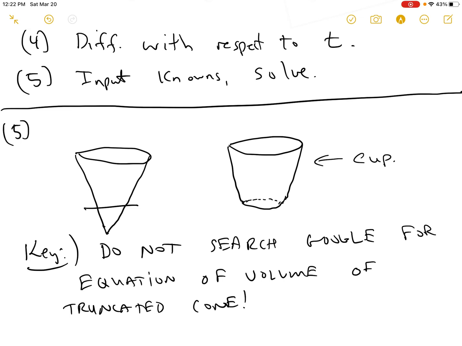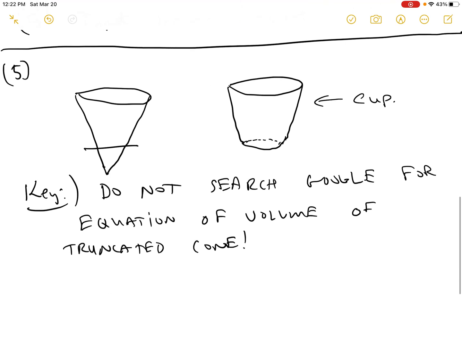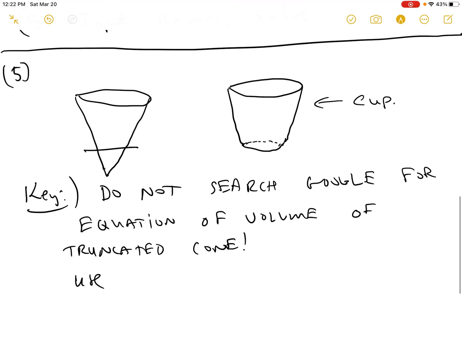It's not going to help you because it's got too many variables. What you want to use is the volume, which is what? 1/3 pi r squared h, and then be clever. Okay? Alright, and if I give you any more, I've just done the problem for you, and that's not the point.